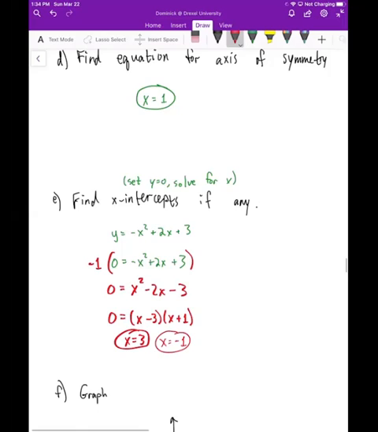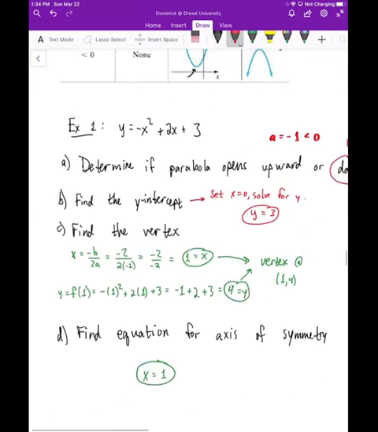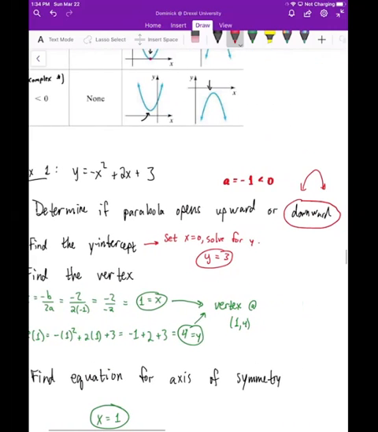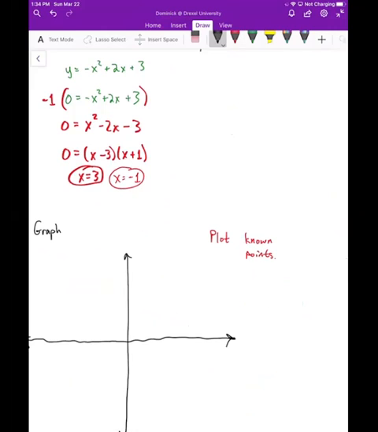Okay, so now when it comes to the graph, we want to first plot all of our known points. So the first point that we found, if we come back up here, was our y-intercept, right? And of course, for a y-intercept, we know that that's a point (0, something). So we know that we have a point (0, 3).